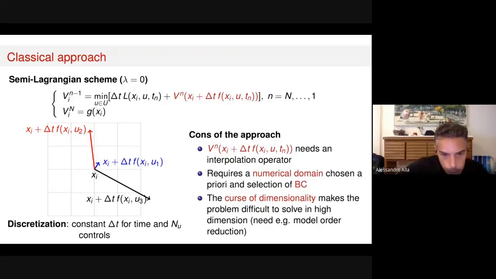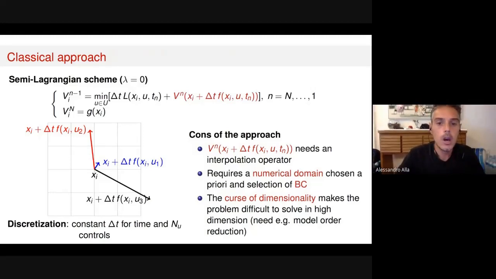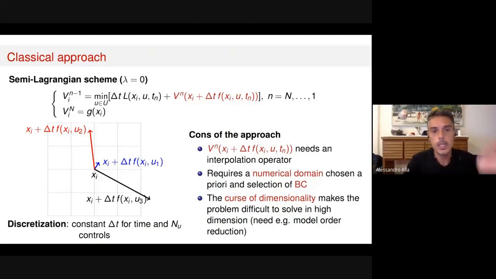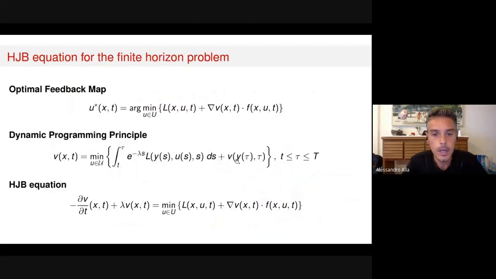One way to compute a numerical approximation is a straightforward discretization of the dynamic programming principle, which is actually given here. So n stands for time, and for instance, this part is the discretization of the integral, and remember that here we have v of y of tau.